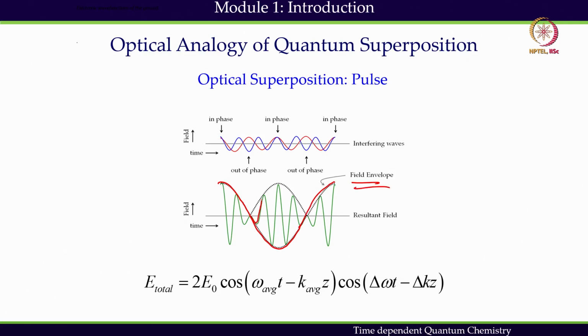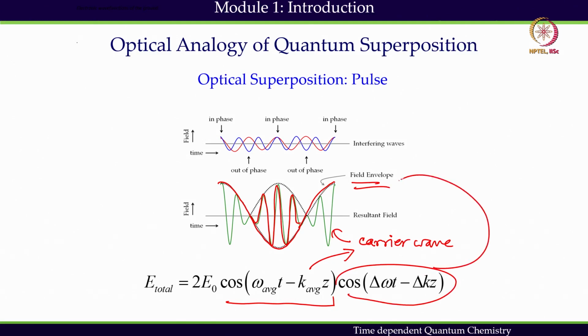But this one is the fast varying component, which is defining the resultant carrier wave. This is called the carrier wave, and this slow part is defining the envelope.